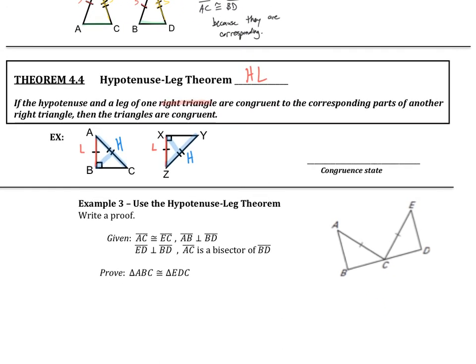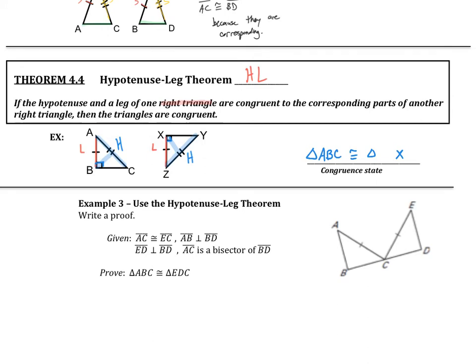So our congruence statement is triangle, and let's call this one ABC, is congruent to triangle blank. So what matches up with ABC? How would you order the second triangle? Well, you got to make sure B matches up with X. So X would definitely go in the middle. And you got to decide what matches up with that red line. The red line is AB.